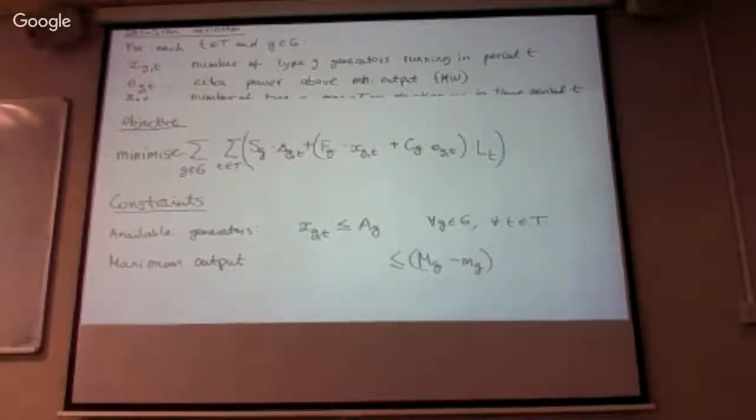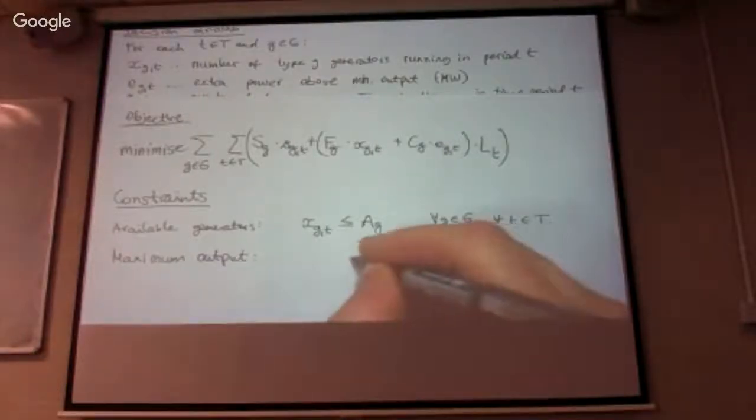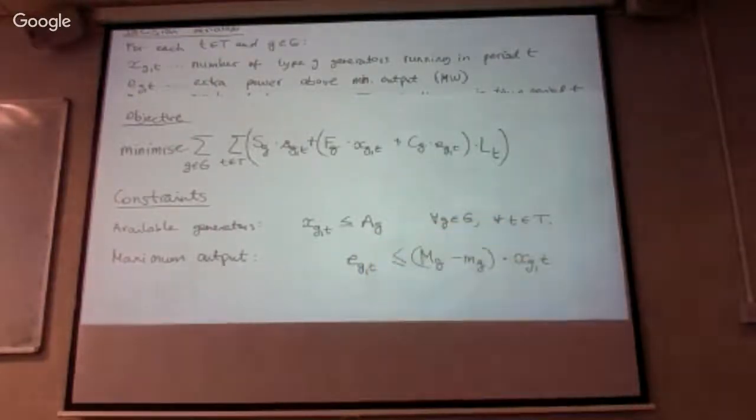So this is how much extra you can add, per generator. If you're running more than one generator, you can add this much for each of them. And that's the upper limit on the extra.